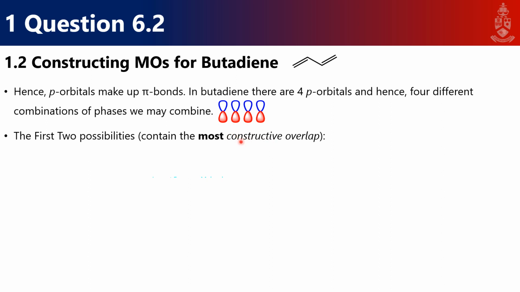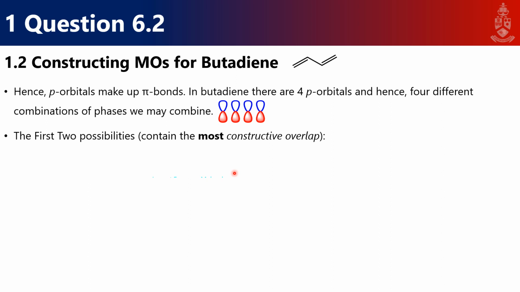So in other words, we have 4 different kinds of combinations: either all in phase, or 1, 2 in phase and 2 out of phase, etc. And the lowest energy orbitals will be pi molecular orbitals.